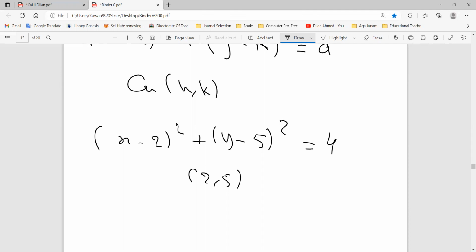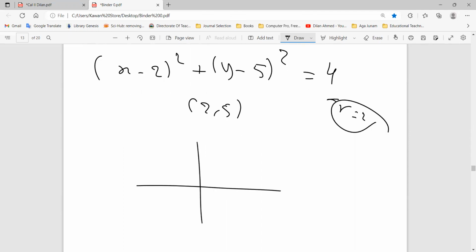Then r is what? 2. So I say this is 2, that one's 5. I'm going to sketch the circle with the radius to be 2. You got it now?